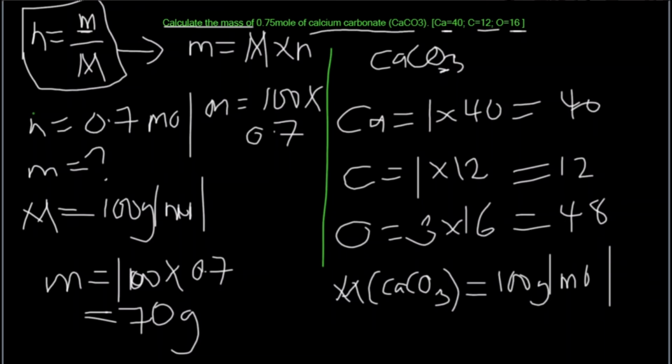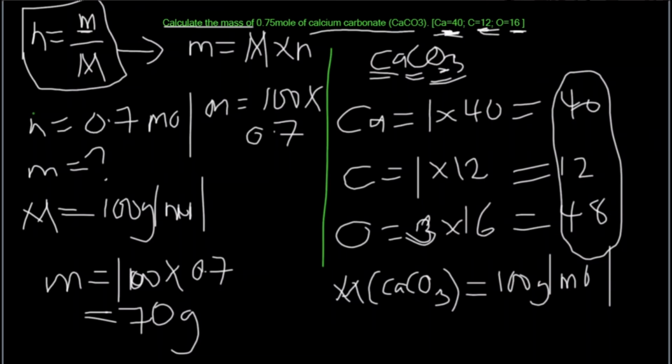We have only one Ca, only one C, but for oxygen, we have three. That's why we've written this three. Then you multiply each by its relative atomic mass: Ca is 40, C is 12, and O is 16.